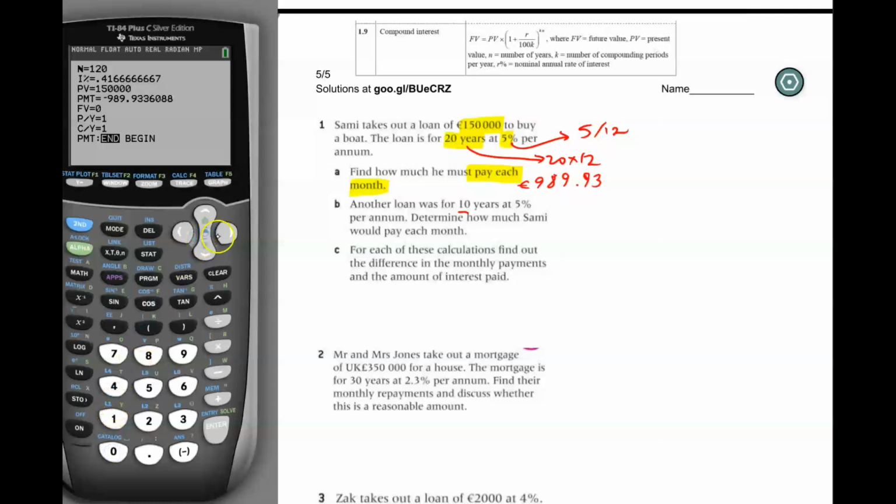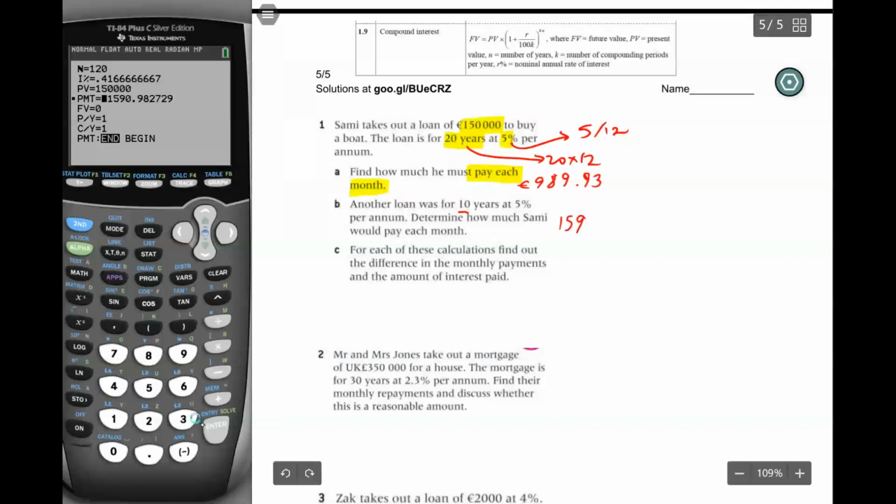The interest rate in this case is 5% also, so the 0.416 does not change. And now let's see what the payment's going to be. It's going to be 1,590.98. Okay? So that's quite a bit more, isn't it?